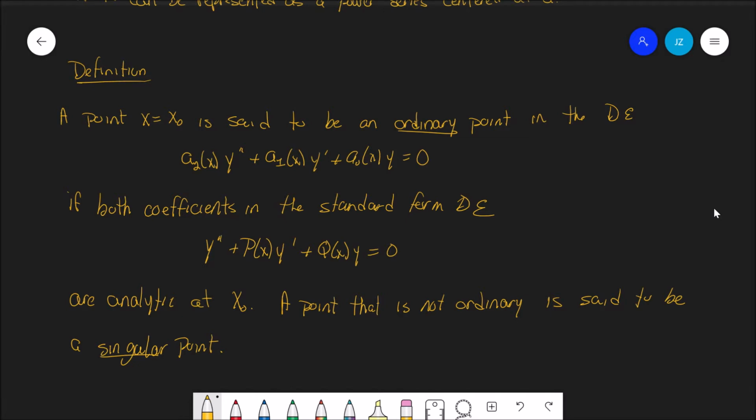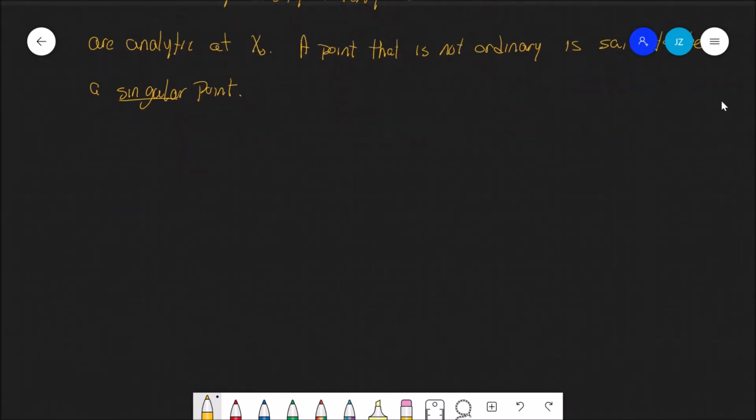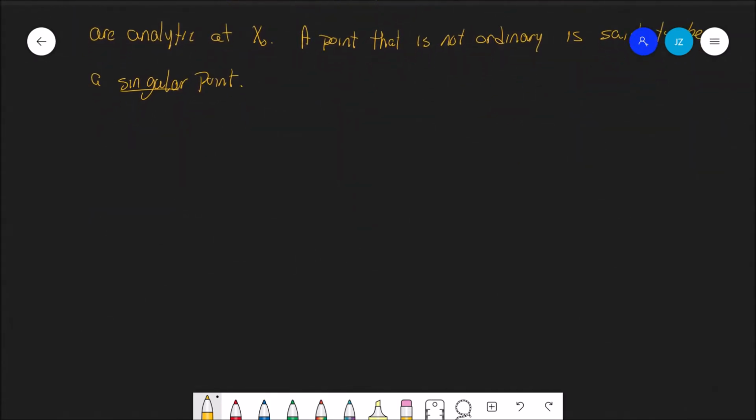We now want a test on whether a given point is an ordinary point of a differential equation. So we let a2, a1, and a naught all be polynomials.